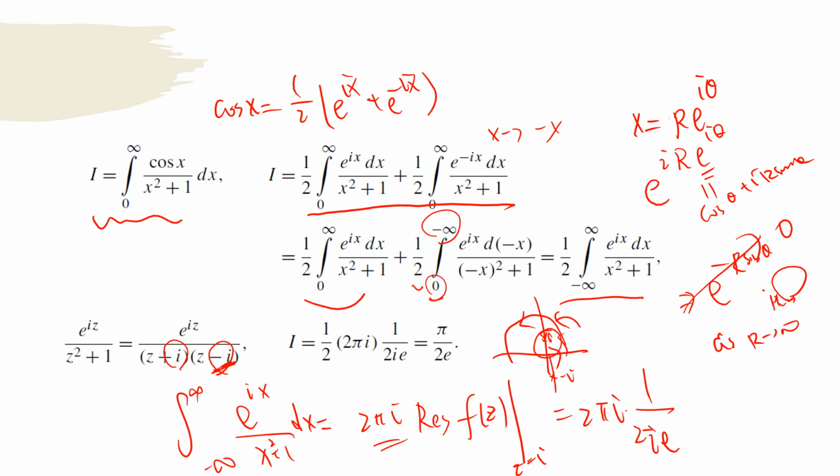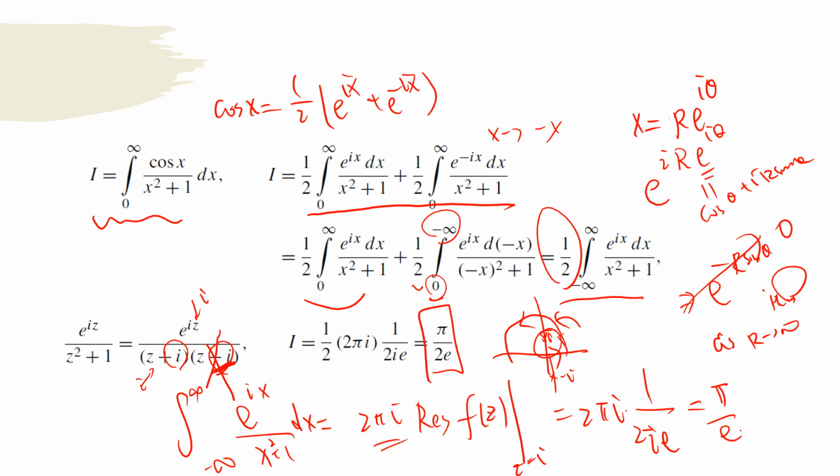If you want to take the residue at i, you just neglect this factor and put i in here, because this is just a first order singularity. So the answer is just pi over e. But remember there's a half here, so the answer is pi divided by 2e.